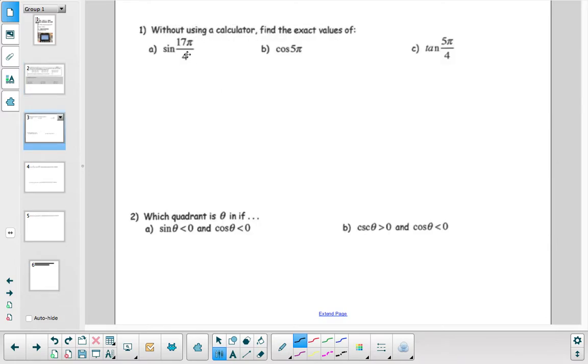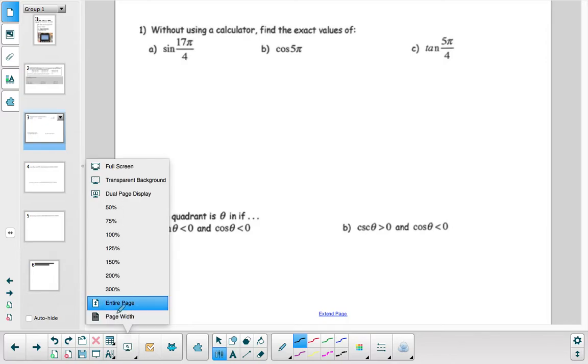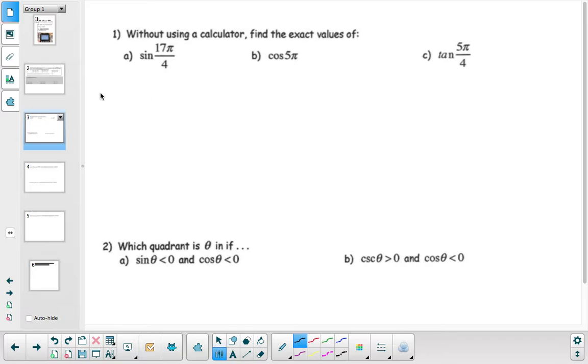Because of that, to find the values of these without a calculator, you could draw the angle and figure out where it's at, or you can just take out full chunks of 2 pi. For part C, you're going to take out a full chunk of 1 pi. So let me rewrite 17 pi over 4 as a mixed number. 4 goes into 17 4 whole times, so this is the same thing as 4 pi, and then there would be pi over 4 left over.